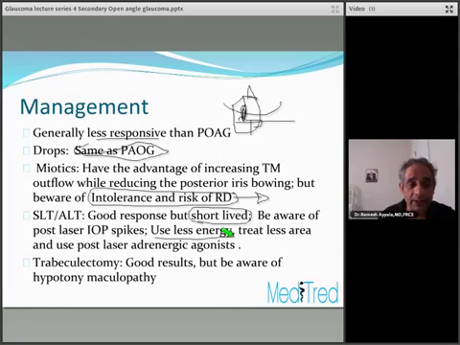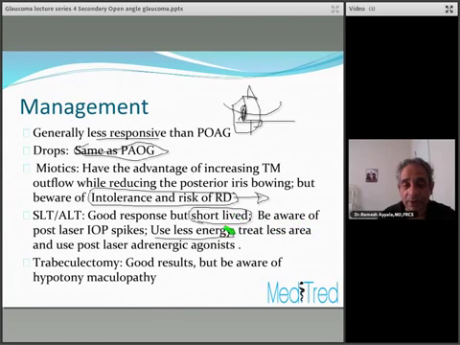If you're doing ALT, you may want to start off with 100 rather than 800. But you've got to titrate the amount of energy that you're placing into the angle. You don't want to see even a blanch in these patients.